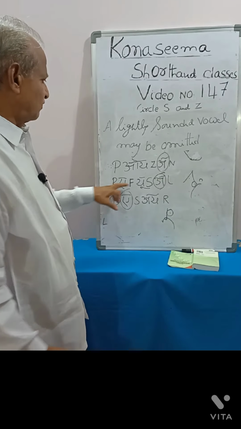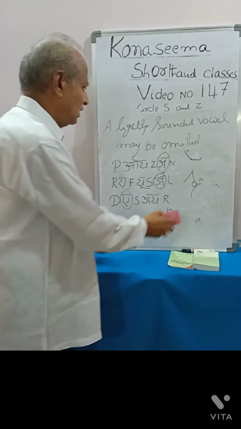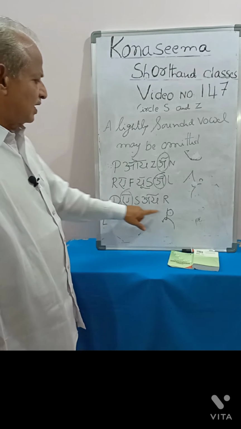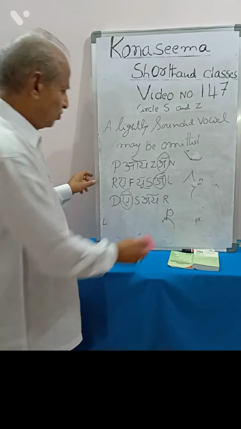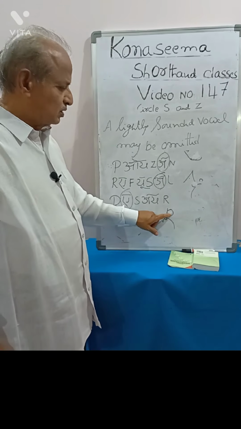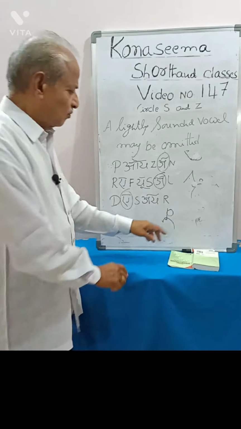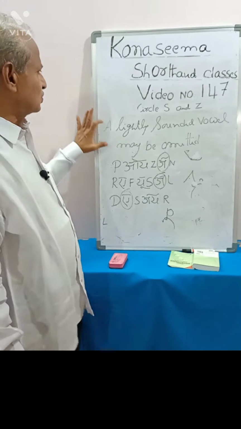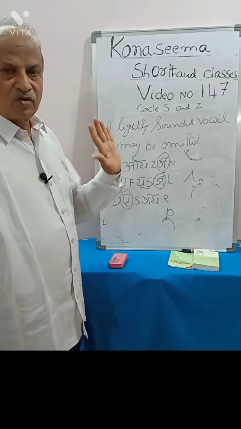Refusal, here also we can omit. Desire, A can be omitted. Whether the A vowel is there or not, we can pronounce this as desire. That's why these lightly sounded vowels may be omitted.